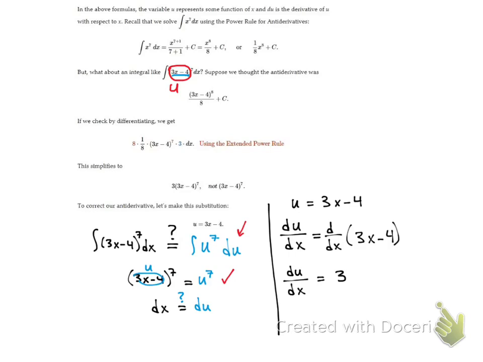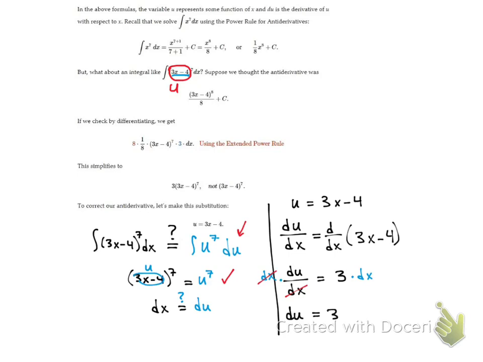So we did a little work with these, the du and the dx. We call them differentials. We did a little work with them in previous sections. So you can think of them as their own expression. So what we can do is multiply both sides by dx. Then on the left-hand side, the dx's cancel, and you just have du.